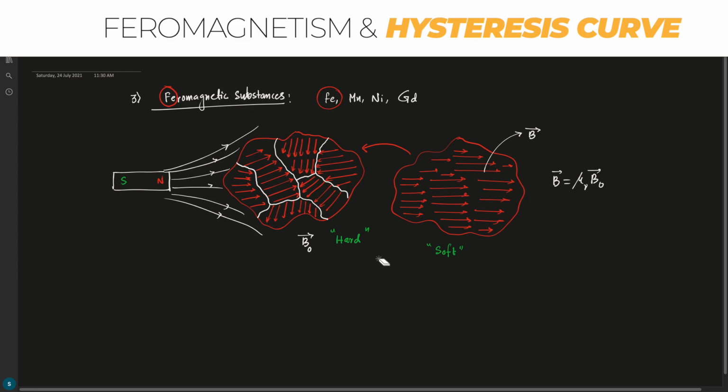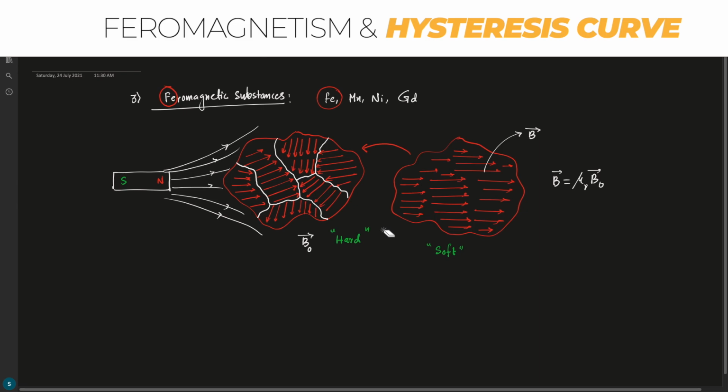For example, you can call this hard ferromagnetic substance an obedient child: after the teacher moves away from the class, they still behave like an obedient child.